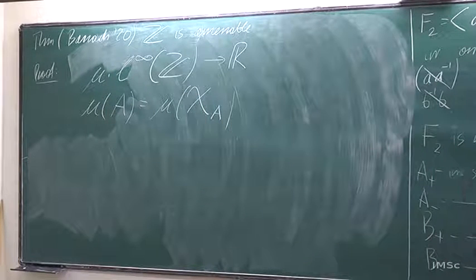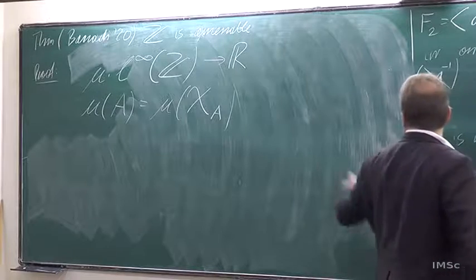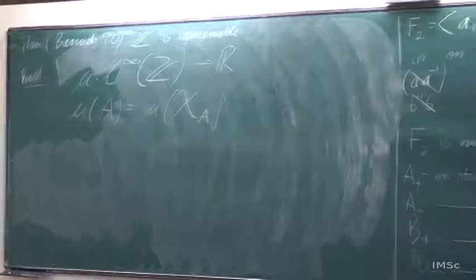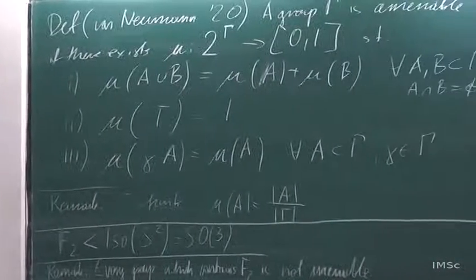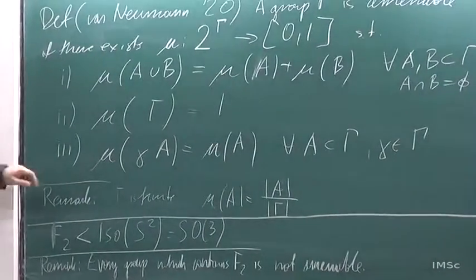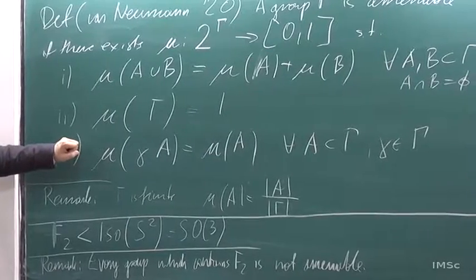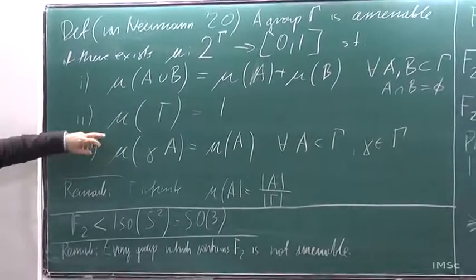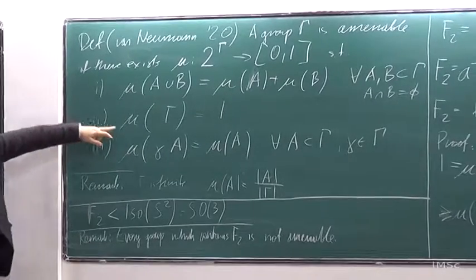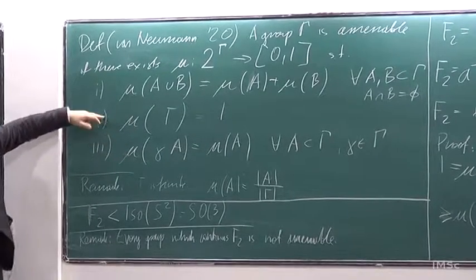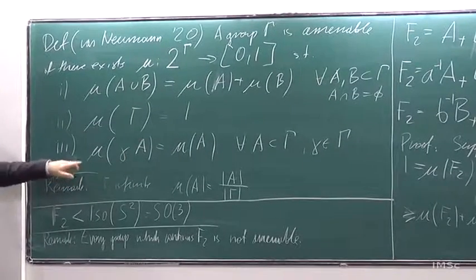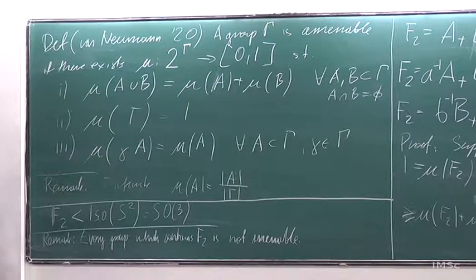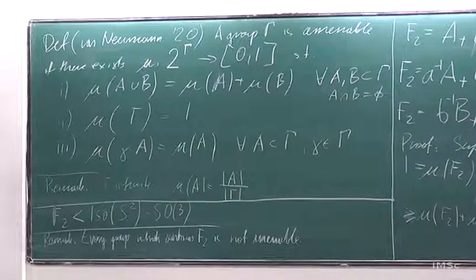Of course, if mu is the functional, it will be finitely additive. Now what other properties should this functional satisfy, so that the measure of the whole group is equal to 1, and that it is invariant under translations?